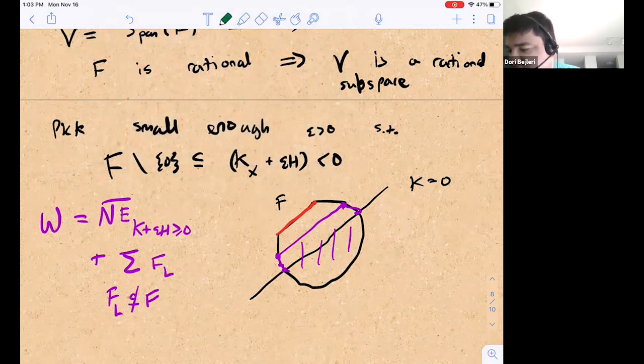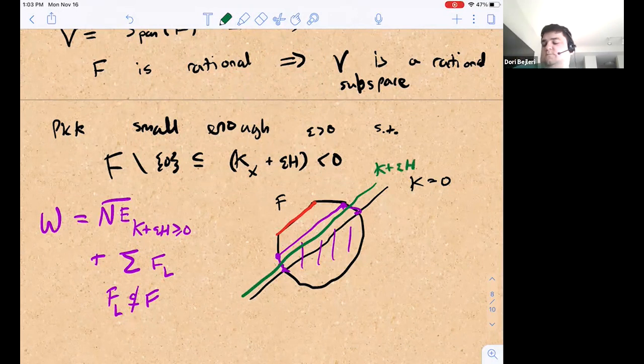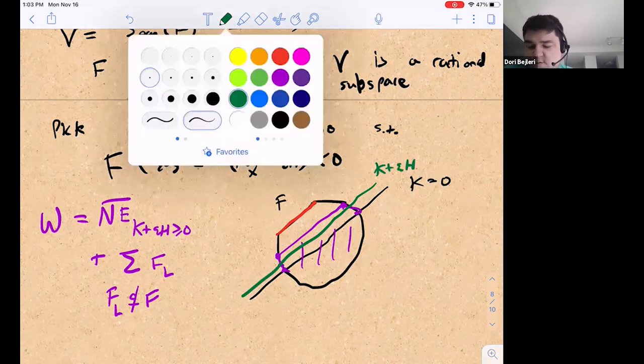We pick a perturbation that's far away from F because we can make epsilon as small as we want. So here's our K plus epsilon H. Okay, so we look at this W, that's a sum of all of the rays on this negative piece that aren't contained in F.